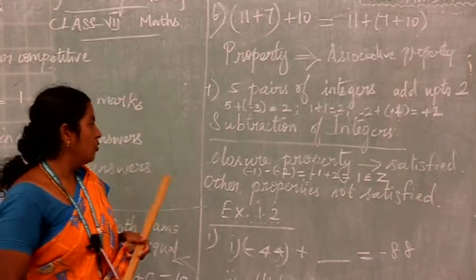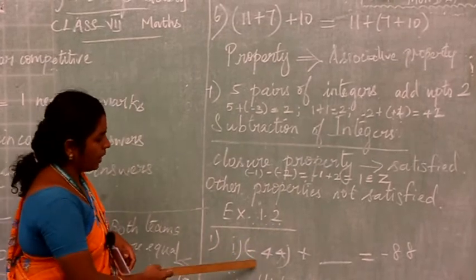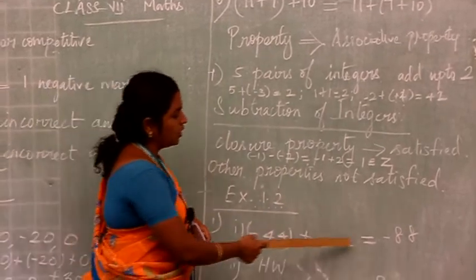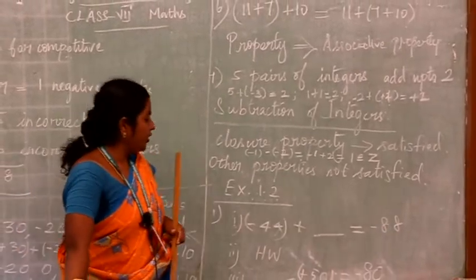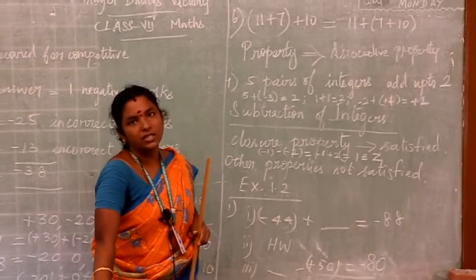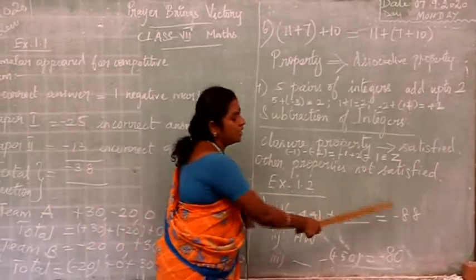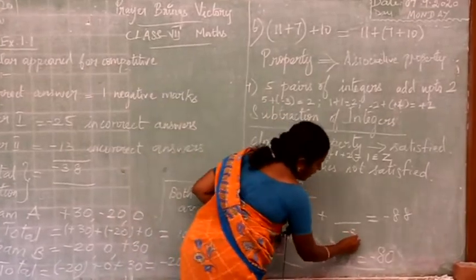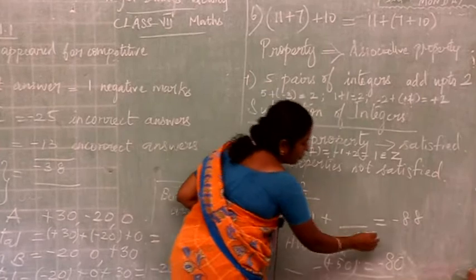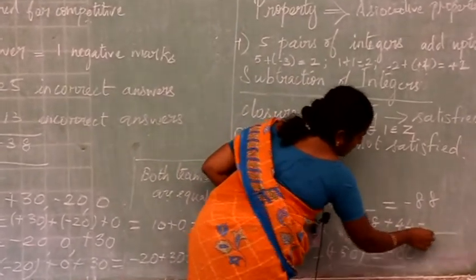Okay. Now we will go for exercise 1.2. You have the first question, minus 44 plus what is equal to minus 88. So here we are going to take this minus 44 to the other side as plus 44. As you know, the negative goes to the other side as positive. So we will check the answer for this, minus 88. This minus 44 will go to the other side as plus 44, which is equal to, we will check the answer here.